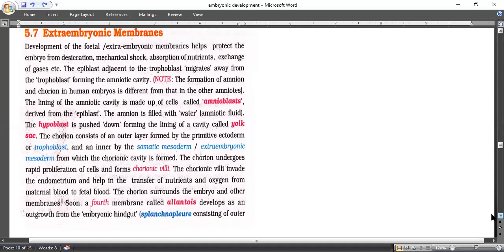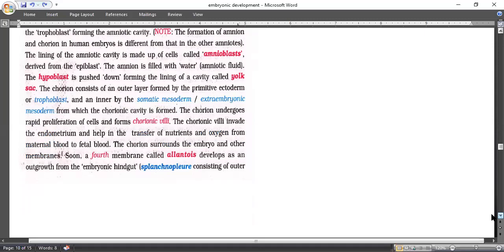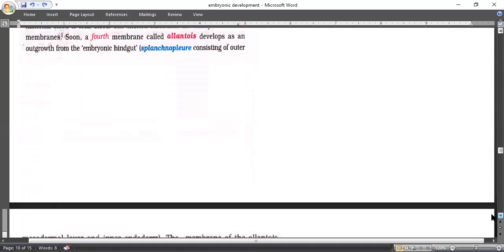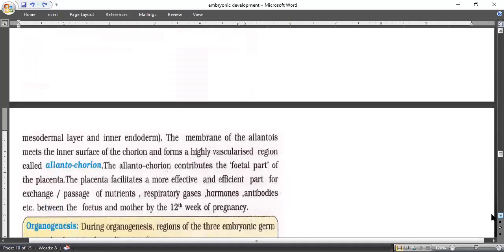The chorion surrounds the embryo and other membranes. Soon a fourth membrane called the allantois will develop as an outgrowth from the embryonic hindgut, the splanchnopleure, which consists of an outer mesodermal layer and inner endoderm. I have already explained that area fully.